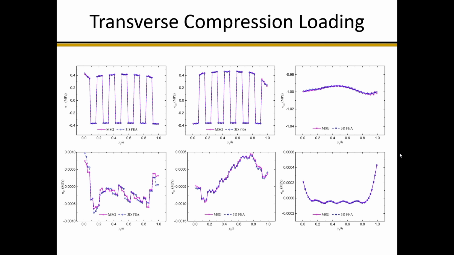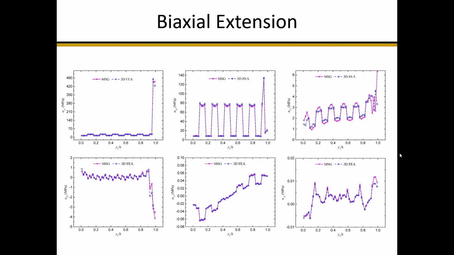In looking at displaying results through transverse compression loading of a laminate, you can see here that there is some very, very complicated behavior, especially toward the bottom of your screen, that the mechanics of structure genome is able to recover that are essentially identical to those of 3D elasticity.